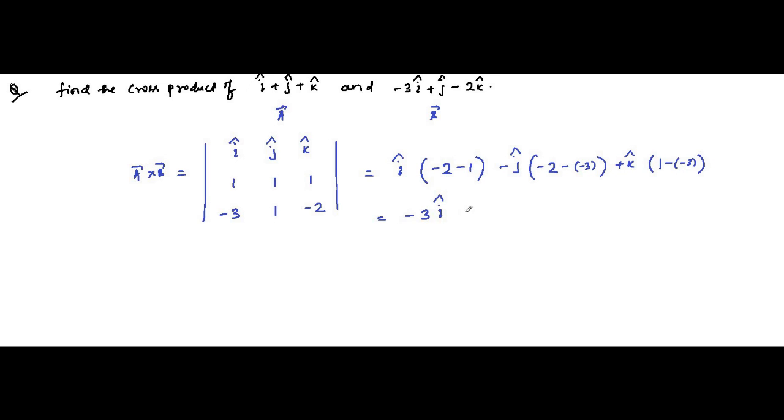This is minus j multiplied with minus 2 plus 3, which is 1. So it will be minus j into 1, which is minus j cap. And this will be 1 plus 3, which is 4k cap. Minus 3i cap minus j cap plus 4k cap. So this is the resultant A vector cross B vector.